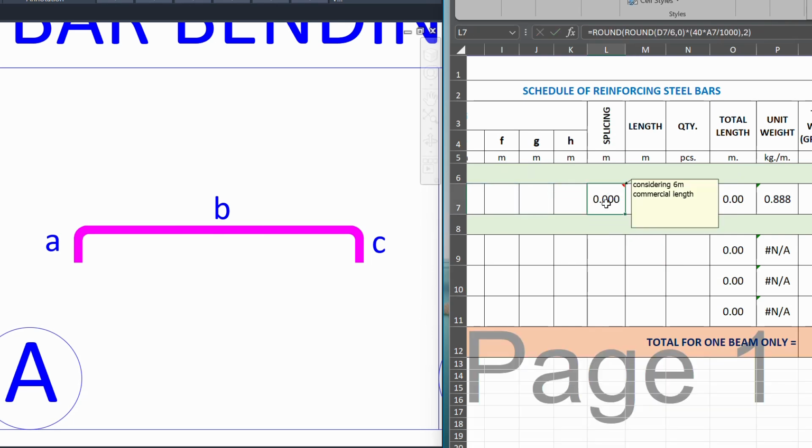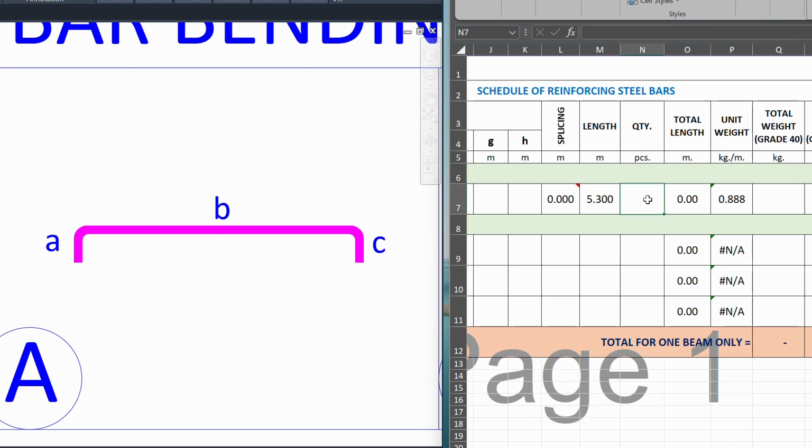Since the commercial length or the available length of our RSB in the hardware is 6 meters, 5.3 is within 6 meters, right? So we don't need splicing. Hopefully by now, we have so many videos here, you know what splicing means. So let's leave it 0 there.